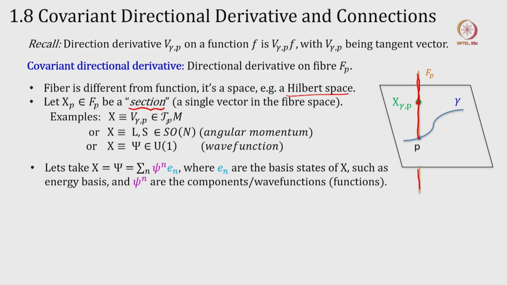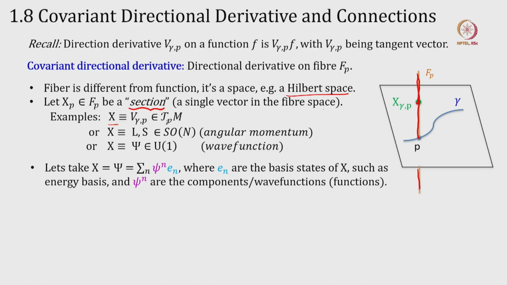And we are interested in sections, and a wave function or a state vector is a kind of section in a U1 bundle. U1 is all the states that you can define which are related to each other with a unitary rotation or a phase. Okay. So, a single vector in the fiber space is the section.